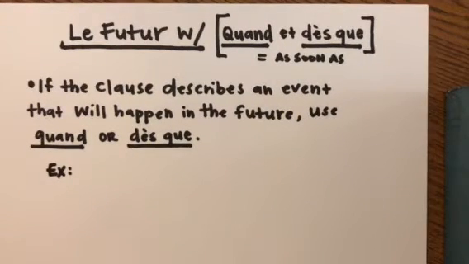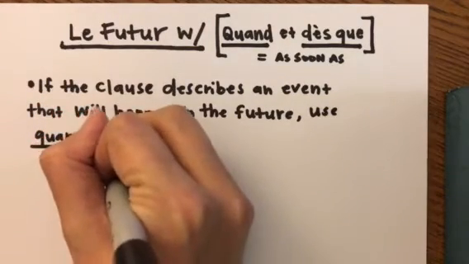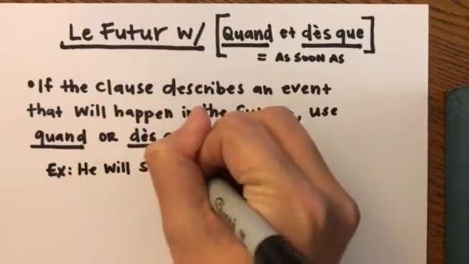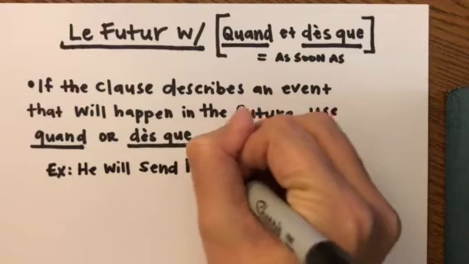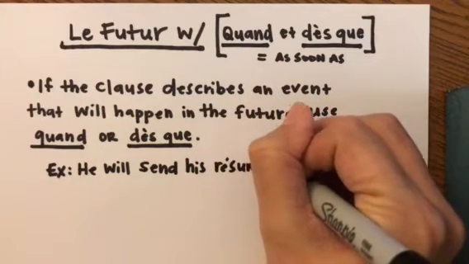All of our unit at this moment is on office and calling and using the phone and stuff like that. So let me give you an example. He will send his resume when he has time, okay? He will send his resume when he has time.